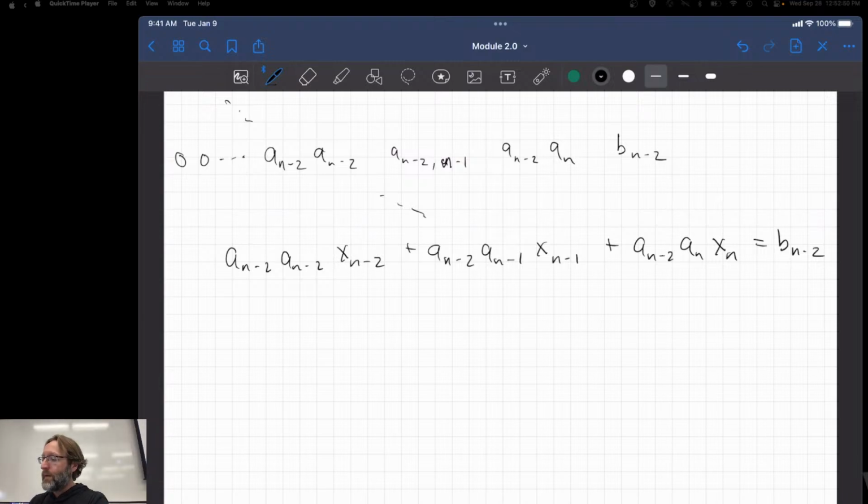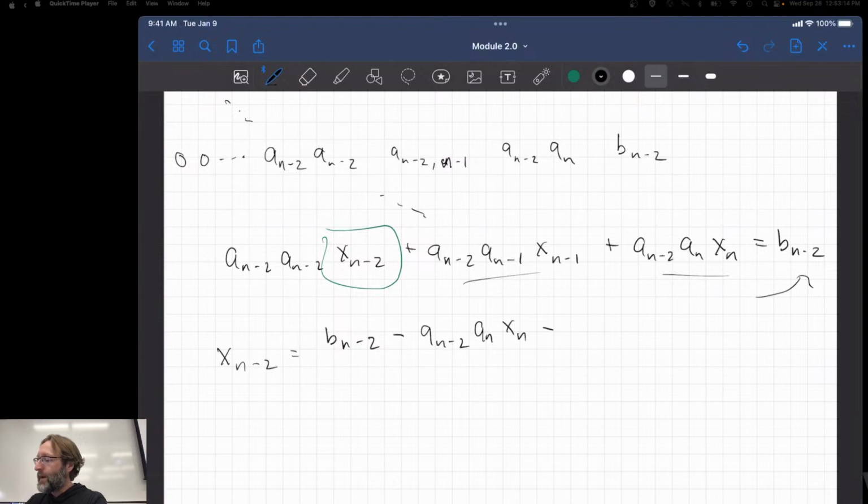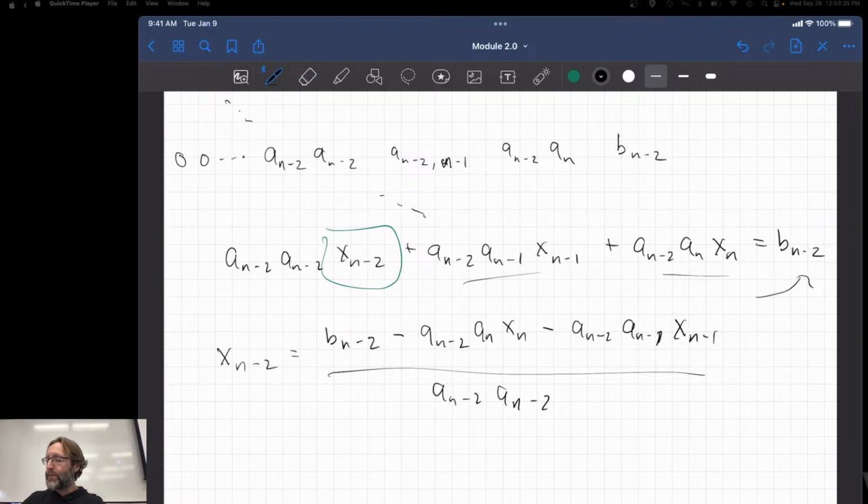Solving for this guy right here, take this one and this one onto the other side. So x of n minus 2 is equal to b sub n minus 2 minus a sub n minus 2, n times x n minus a sub n minus 2, n minus 1 times x n minus 1, all over a sub n minus 2, n minus 2. That was for the third one.